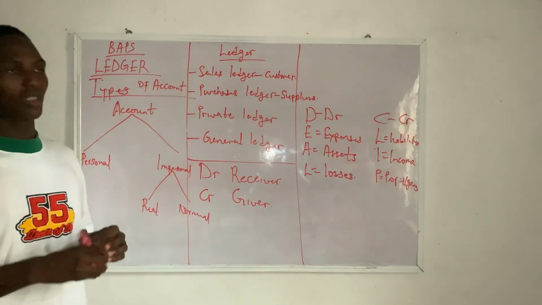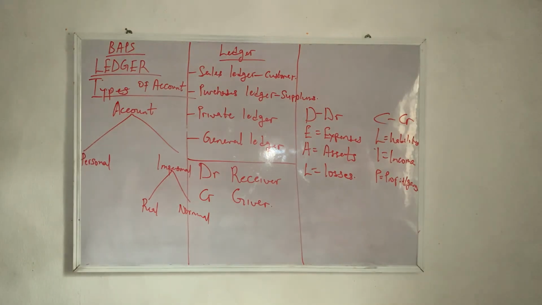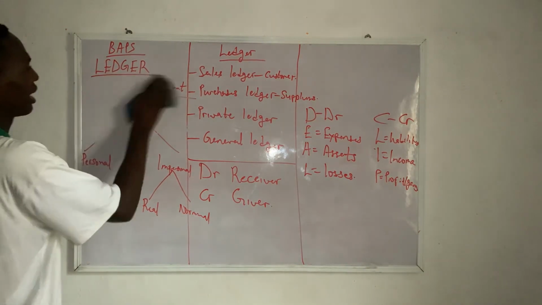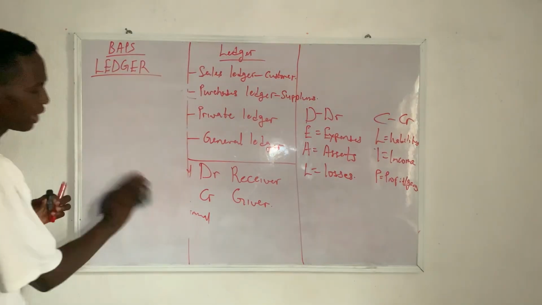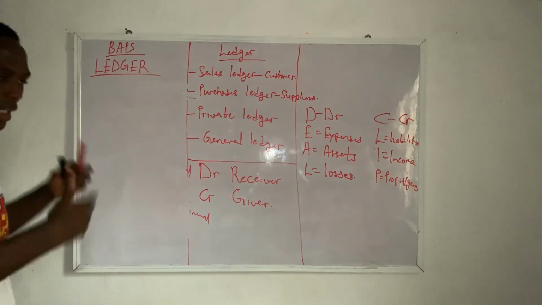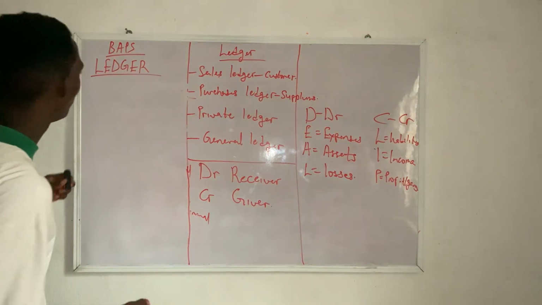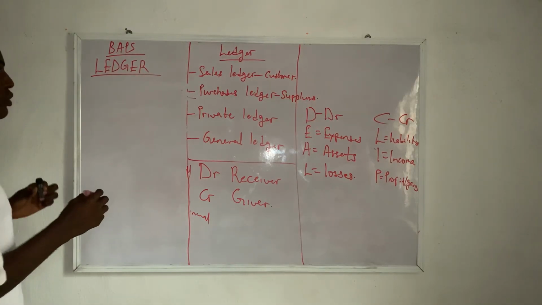Then once we do that, we can move to every other topic. Now another key point I want you guys to know will also help you in case you are doubtful, because like I said, I believe you are young accountants and you are just coming up, so you will need to know this.